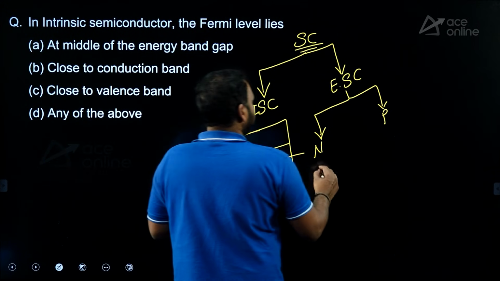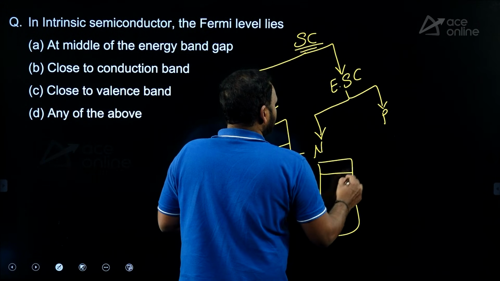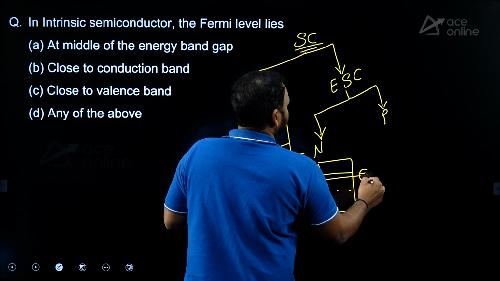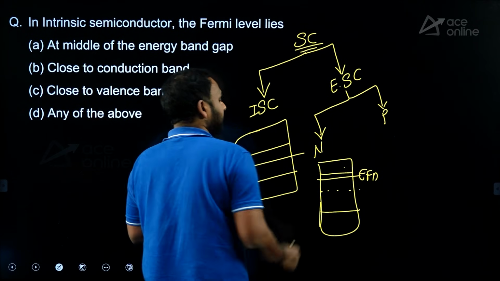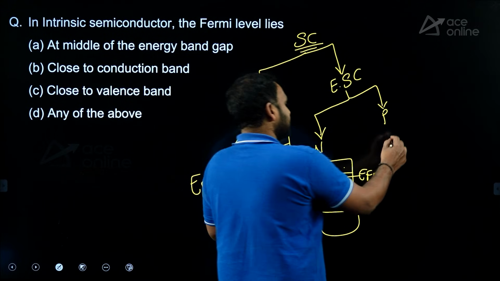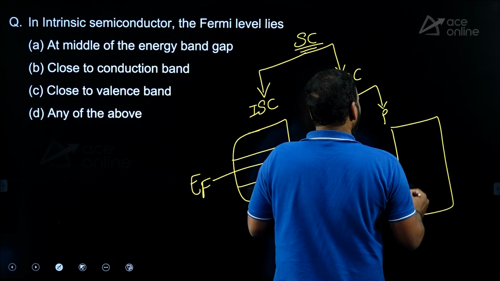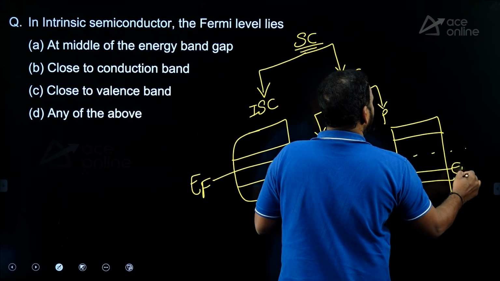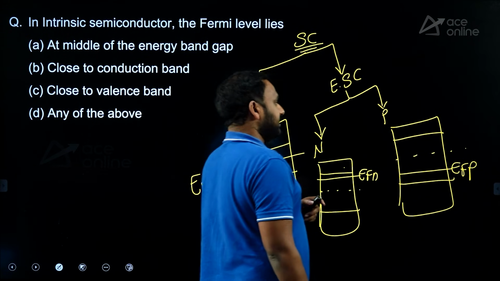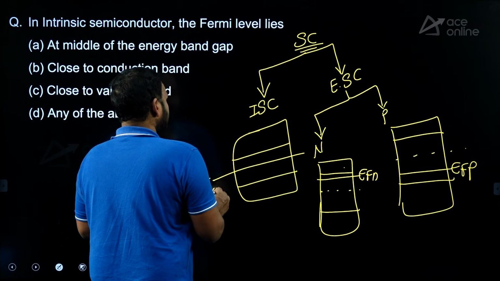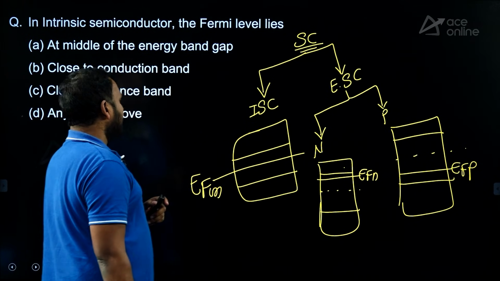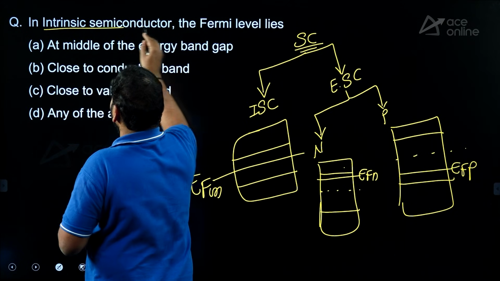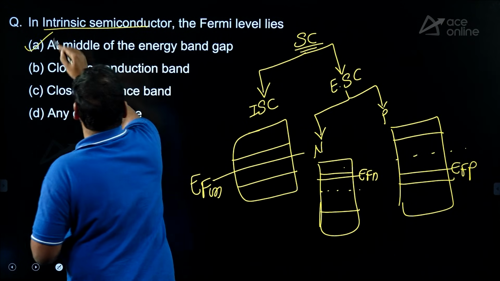In N type semiconductor, the Fermi level, this is the reference, this is EFN, is near the conduction band, moved away from the center. In P type semiconductor, the Fermi level lies near the valence band. This is the reference and this is EFP, the Fermi level in P type semiconductor. This is the intrinsic semiconductor at the center of the energy band diagram. He is asking about intrinsic semiconductor, the middle of the energy gap.